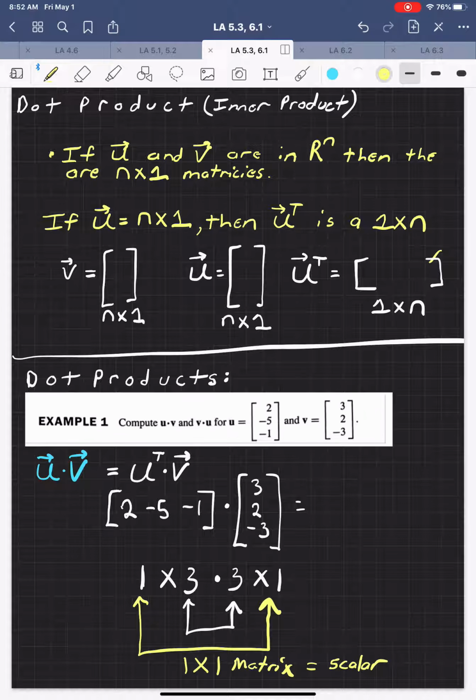So we would go columns by rows. So we would end up with 2 times 3 plus -5 times 2 plus -1 times -3.